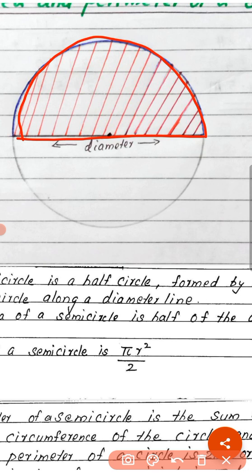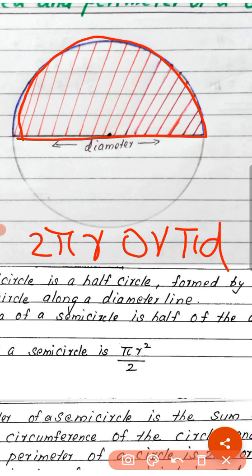So children, perimeter of a circle is 2 pi r or pi d. As you already learned this, 2 pi r or pi d.